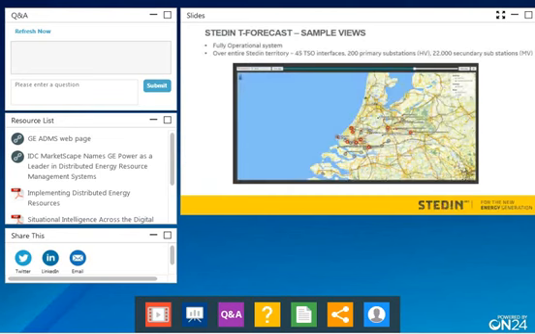This is a screenshot of the Steden area, and the system has been fully operational for a few months. Our territory covers, as I said, 45 interfaces to the transmission system operators, 200 primary substations, and more than 22,000 secondary substations.